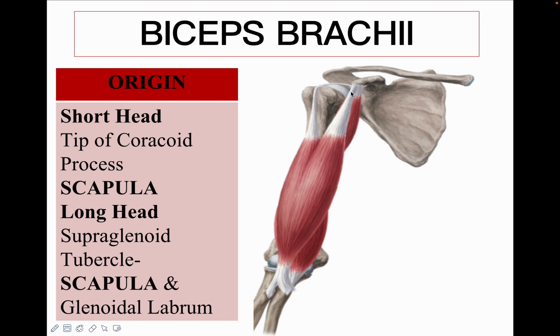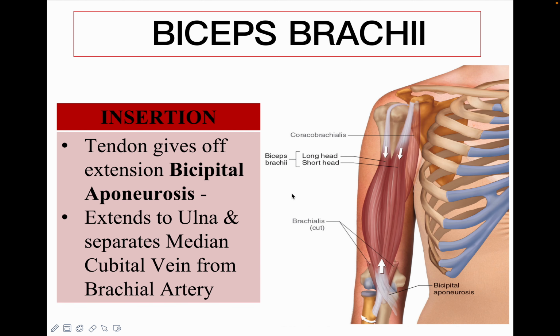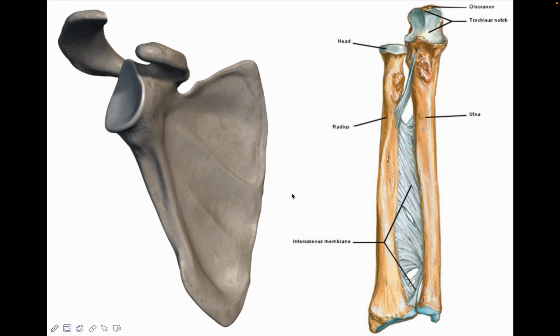The long head of biceps takes origin from the supraglenoid tubercle above the glenoid cavity of the scapula, and also from the glenoid labrum. So I'll show here that this is the scapula, this is the coracoid process, this is the glenoid cavity of the scapula.